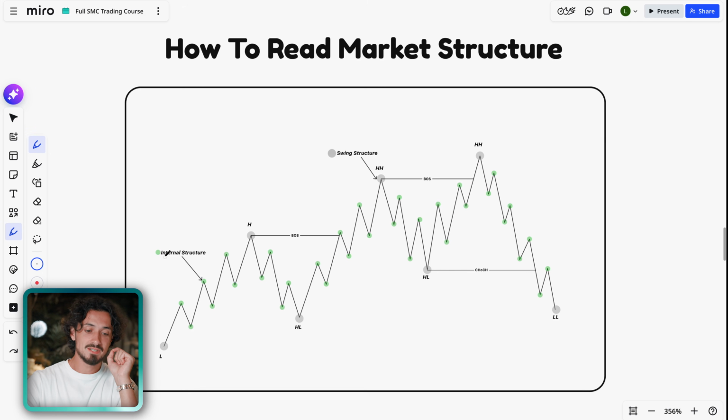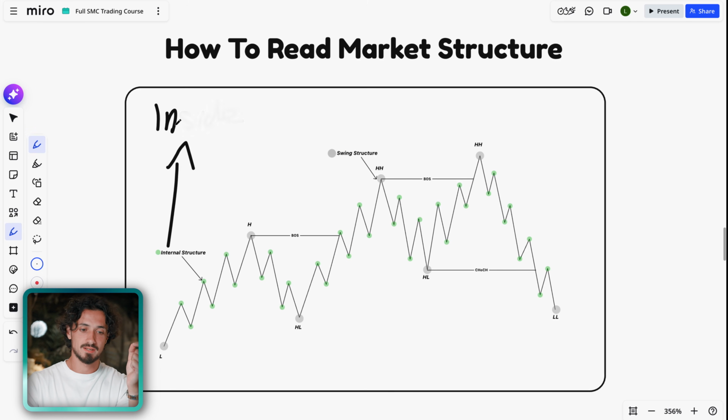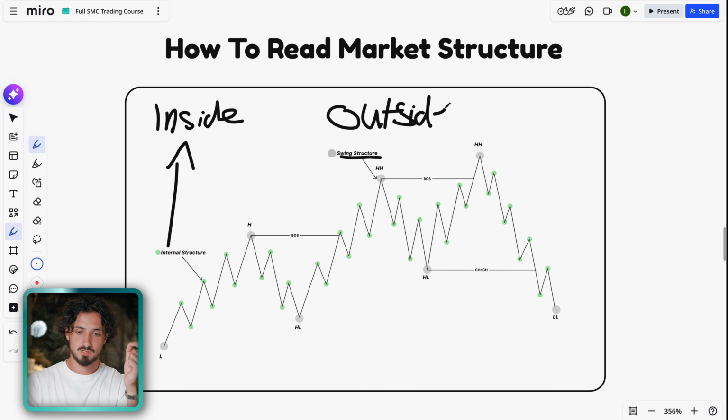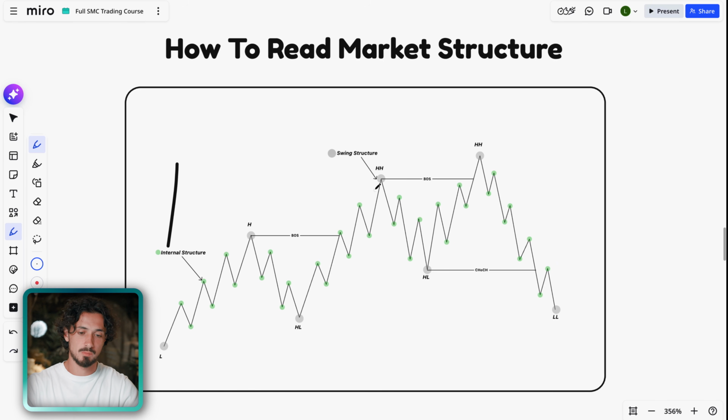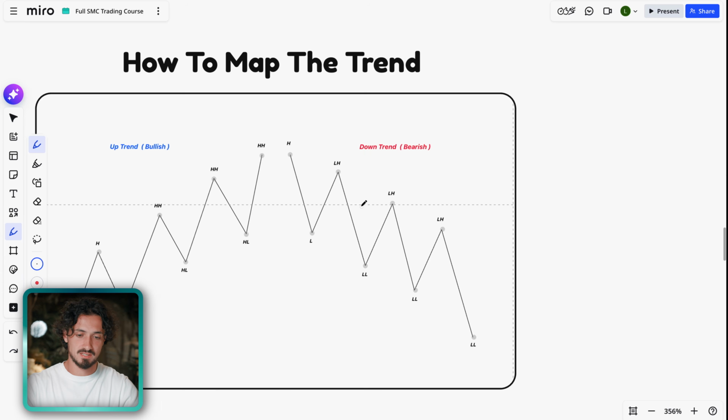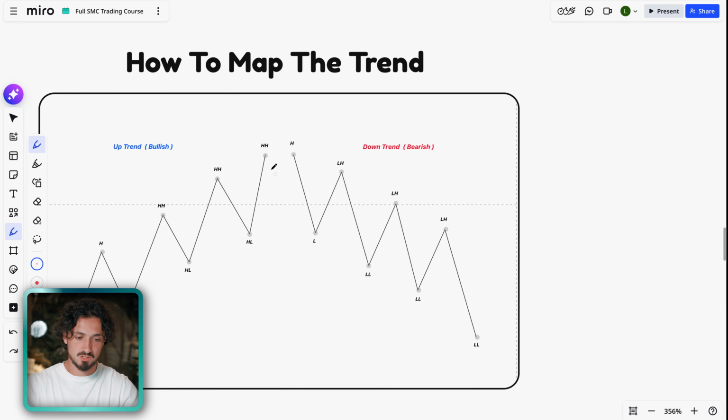So the primary difference is this. And it's very simple. Internal structure is what it says it is. It is inside, and swing structure is outside. So internal structure is what happens inside of a price leg, and the swing structure is the actual structure. So it's important that we use swing structure to determine our bias. When we're looking at, let's say, this, for example, these are swing structure points.